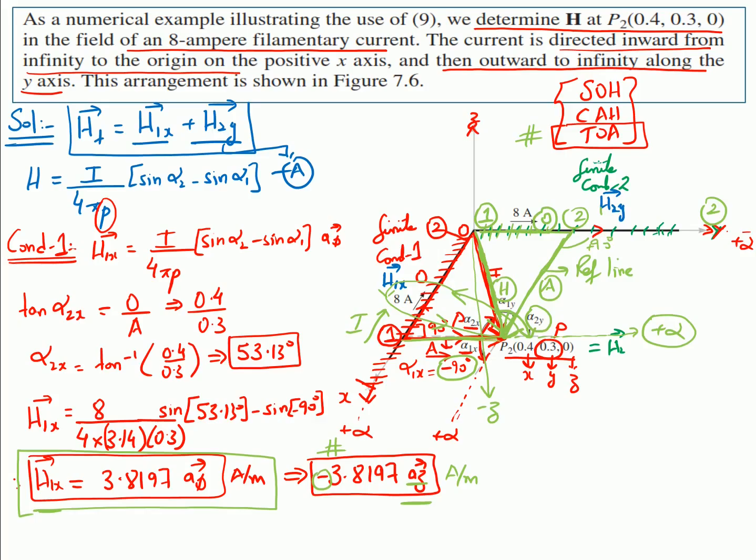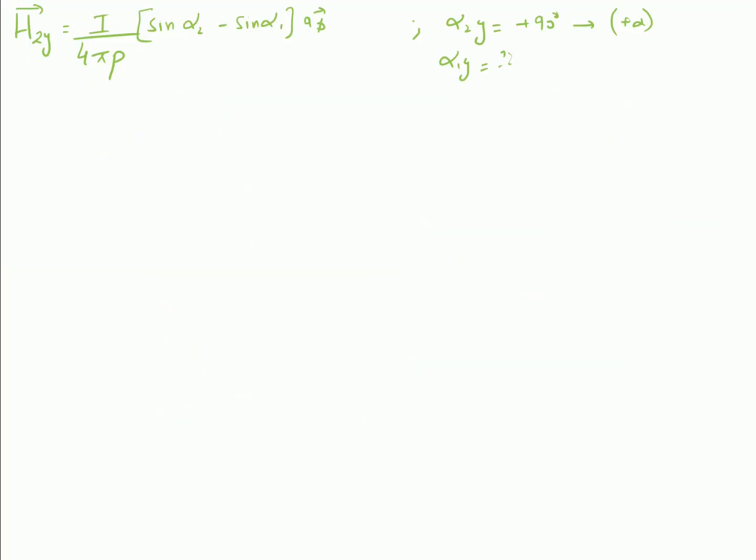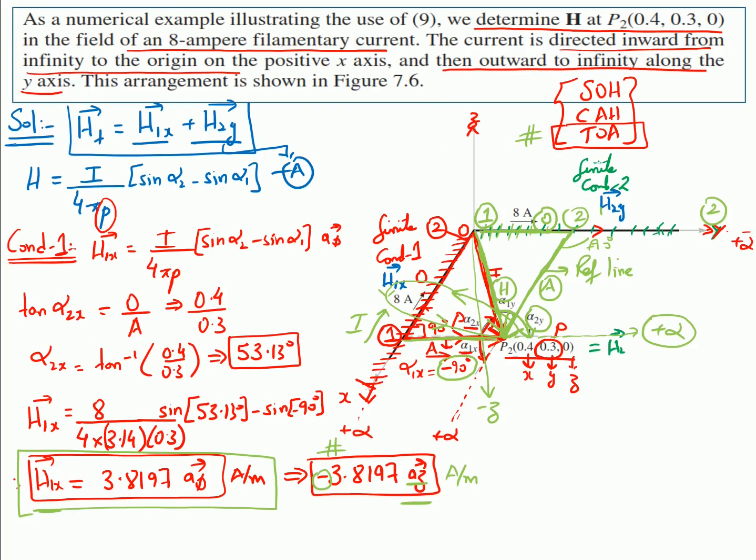So if we look at the value of adjacent, it is parallel to the x-axis. So if it is parallel to the x-axis, the value will be 0.3 or 0.4. We'll see with the image. So let us write for the tangent theta. So for alpha 1y, applying tangent is going to be opposite to adjacent, following the rule. So we can say alpha 1y is equal to tangent inverse. Now what is opposite and what is adjacent?